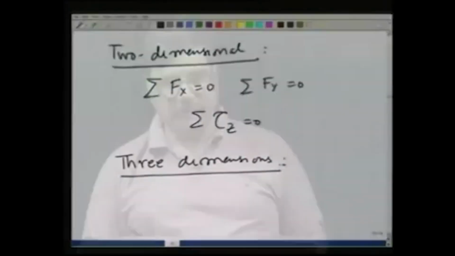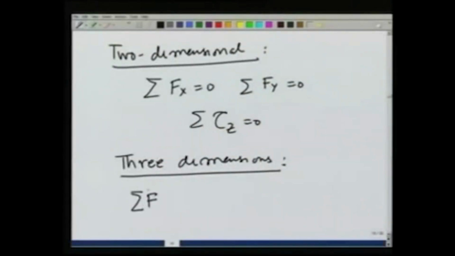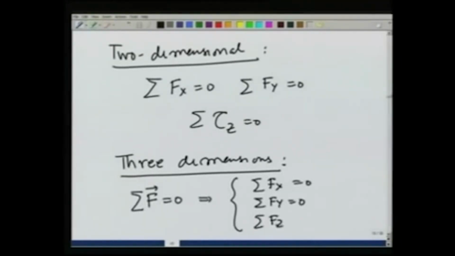In 3 dimensions, obviously, the condition that summation f vector is equal to 0 becomes summation f x is equal to 0, summation f y is equal to 0 and summation f z is equal to 0.